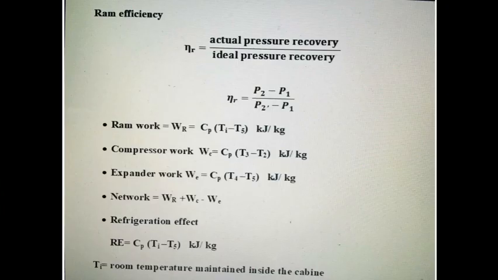Next, sometimes the examiner will ask the ramming efficiency, and it is also asked in the numerical. So what is the ramming efficiency? It is defined as the actual pressure recovery to the ideal pressure recovery. Actual pressure recovery happens in the actual process, and ideal pressure recovery happens in the isentropic process.